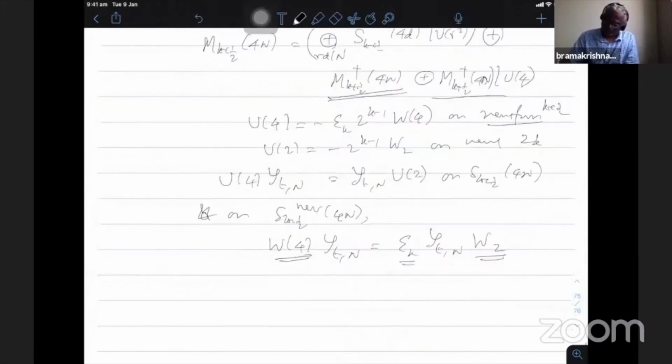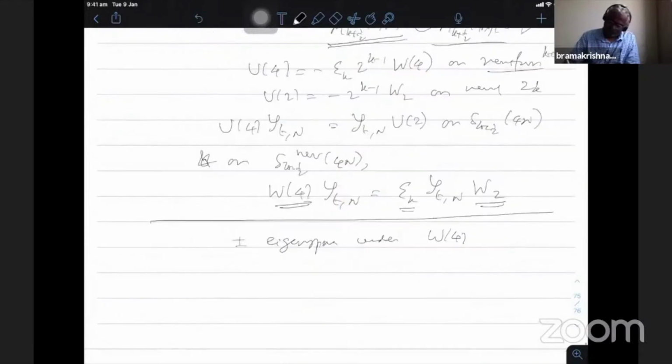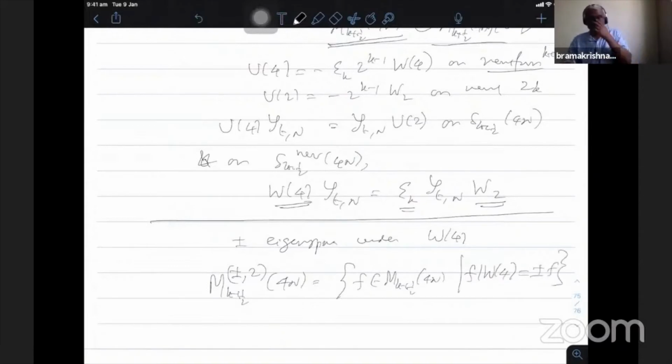So with all these things, now we consider the plus/minus eigenspace under W4. So what we define is: M_{k+1/2}(±, 4n) is the set of all f in M_{k+1/2}(4n) such that f bar W4 is plus or minus f. Since W4 does not preserve the plus space, with this plus/minus 2 you won't have any ambiguity in the notation.